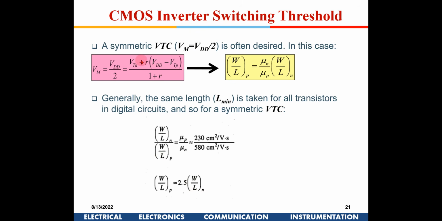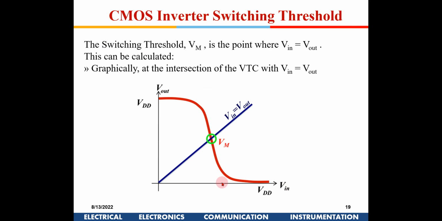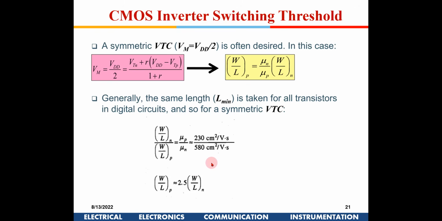Now if I see this VM equation, for a symmetric switching, for this VTC curve to be symmetric somewhere around VDD by 2, if VM has to be VDD by 2, then I can say the noise margin on the low side and the high side will be equal, and the rise time and the fall time will be the same. So I will prefer to have a symmetric VTC curve, and for that, in this equation I require VM as VDD by 2. To achieve that, two conditions should be met.